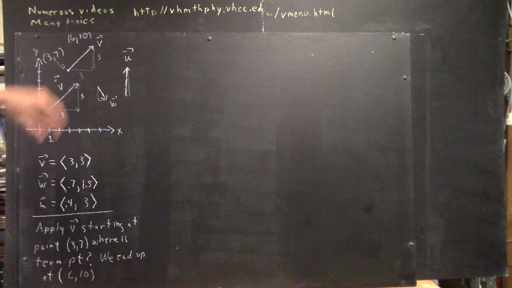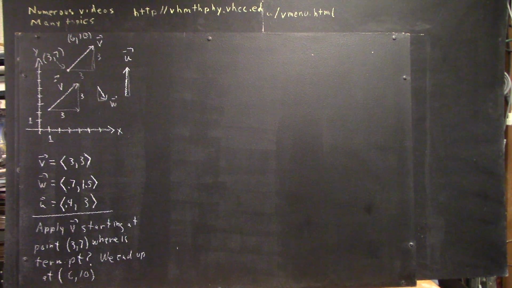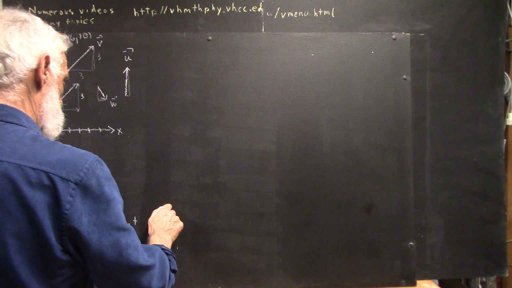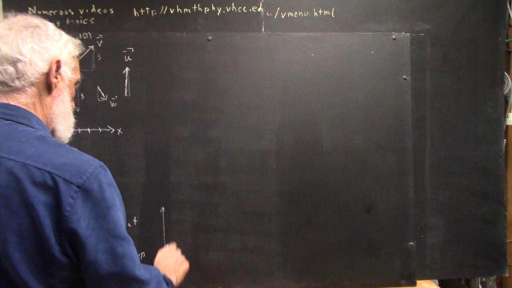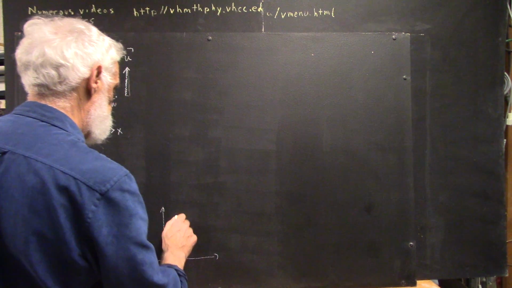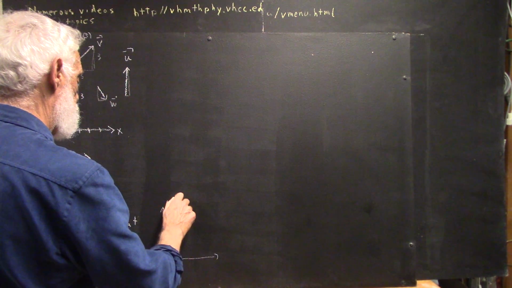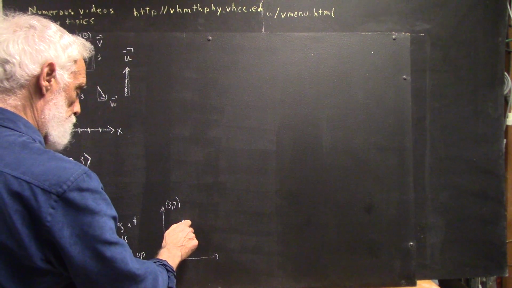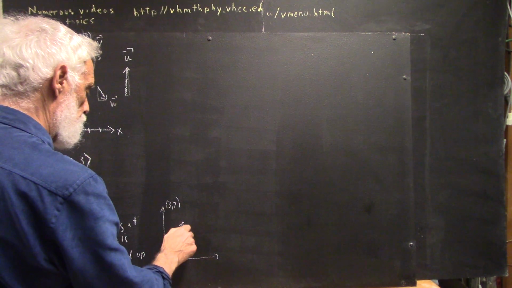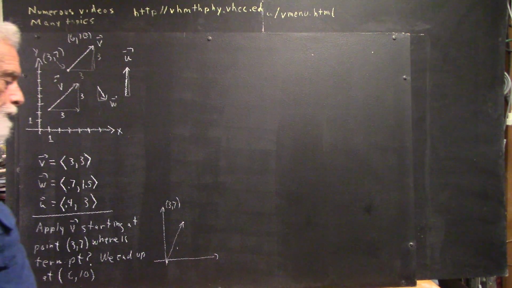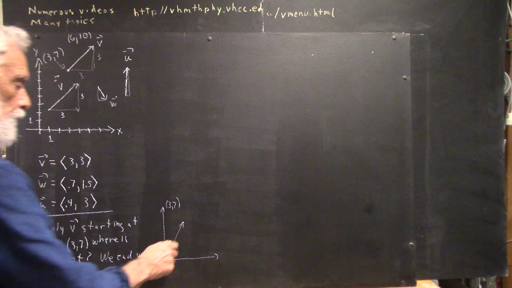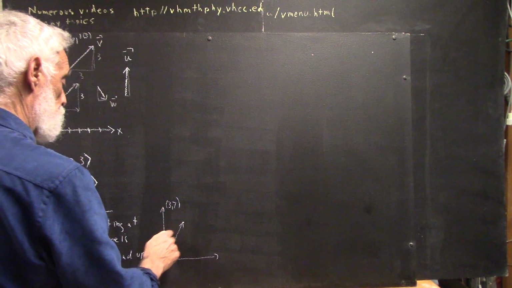Okay. Now there's another way to look at this whole thing. Let's just draw another coordinate system here. And let's say here's our point 3, 7. And let's do a vector from the origin out to the point 3, 7. Okay, so this is the vector 3, 7.